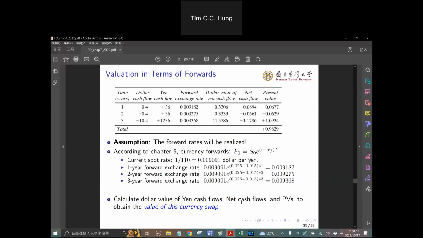Yes. Are you saying that the spot rate is a weighted average of all the future forward exchange rates? Mathematically, it's right, but it doesn't make much sense because usually the current spot rate is determined and observable.